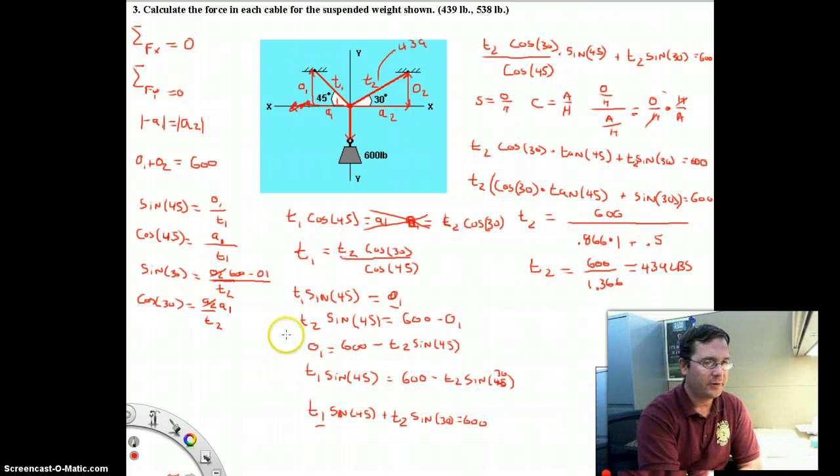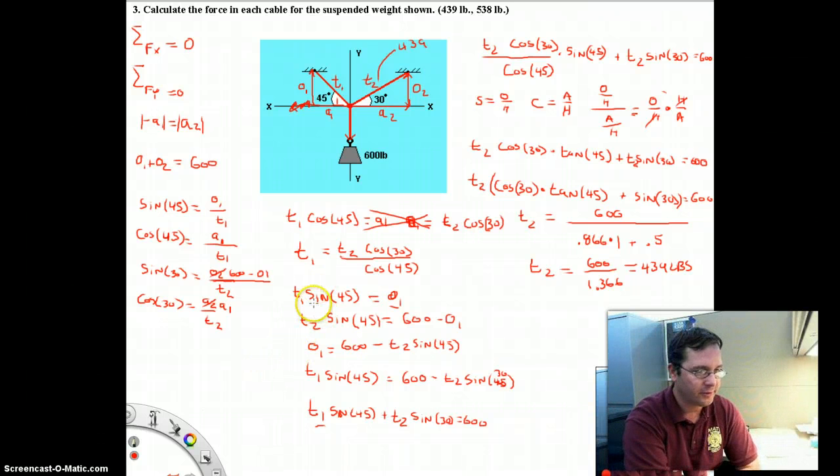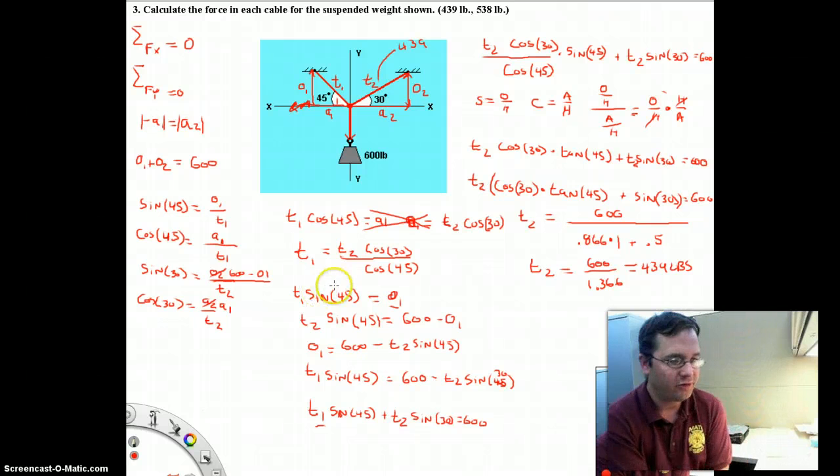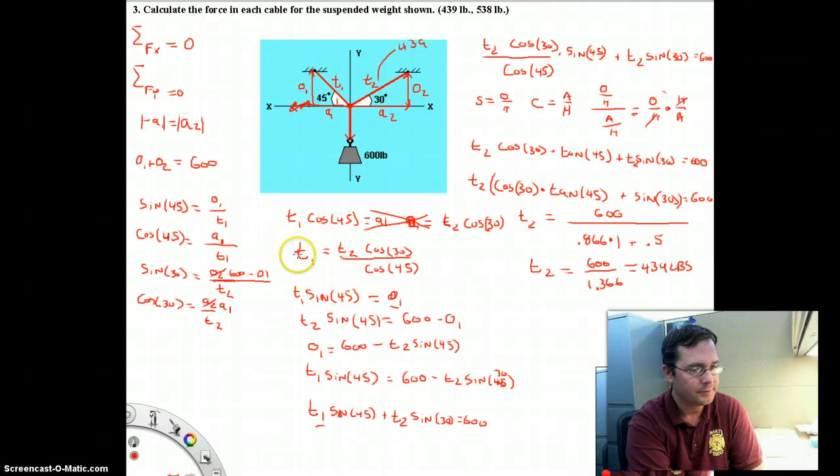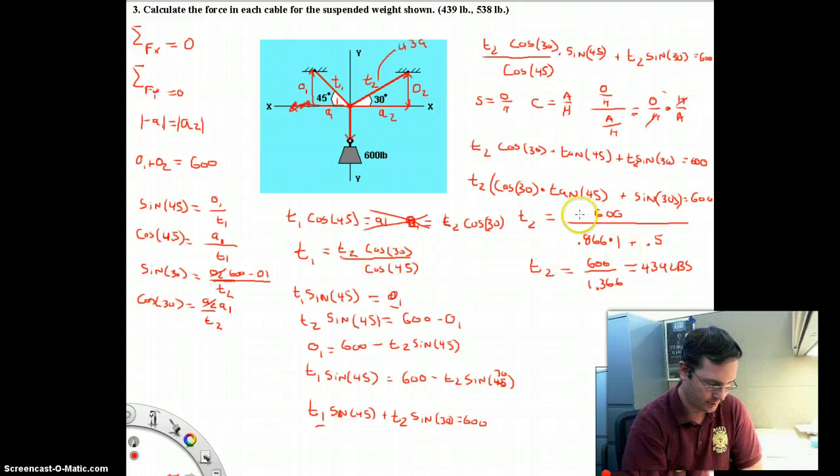Now, the last part of this deals with figuring out what the tension in wire rope 1 is. Well, remember that the tension in wire rope 1 equals the tension in wire rope 2 times the ratio of the cosine of 30 to the cosine of 45. So let's just figure that out.